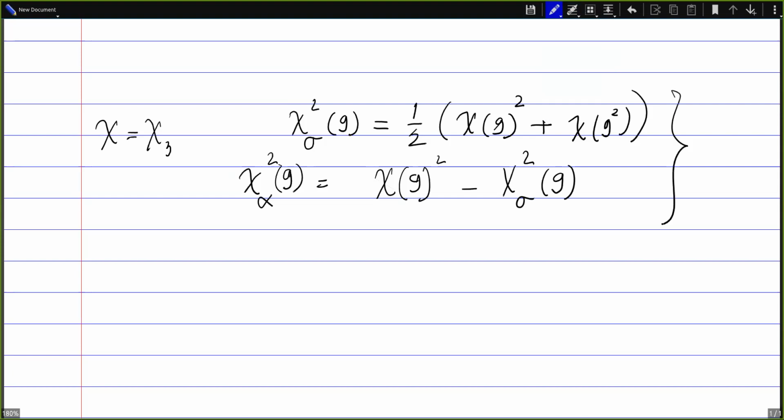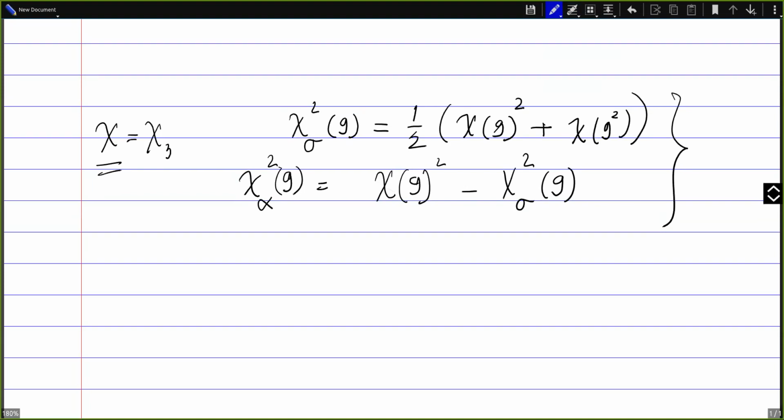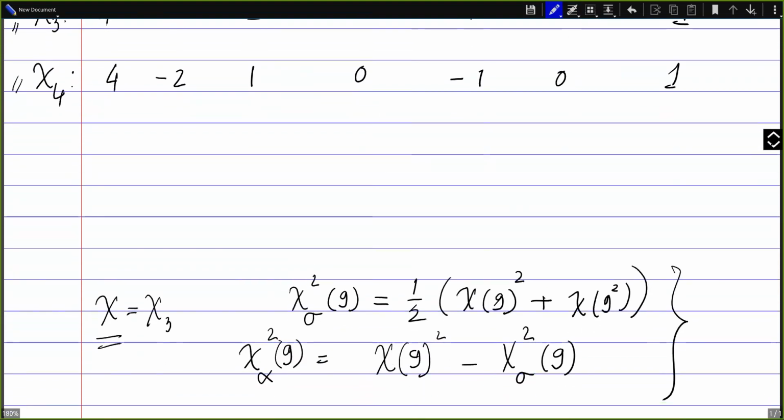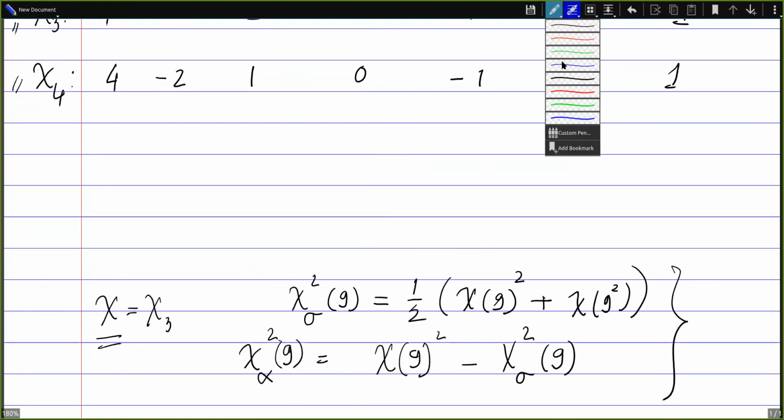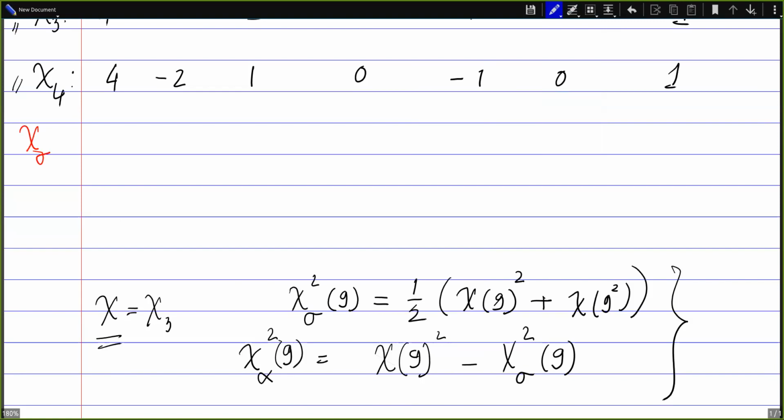So using these two formulas, since we know the values for chi in our case, I can first compute the values of the character of the symmetric square, and if you make the computation, you will see that the values of the symmetric square are precisely the following.